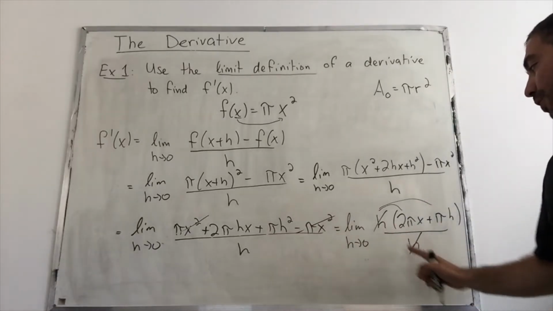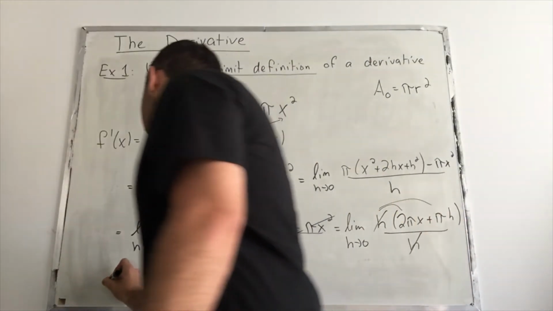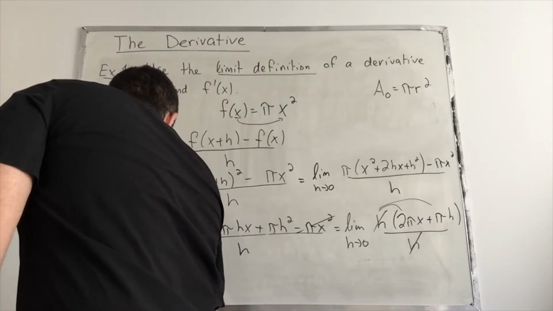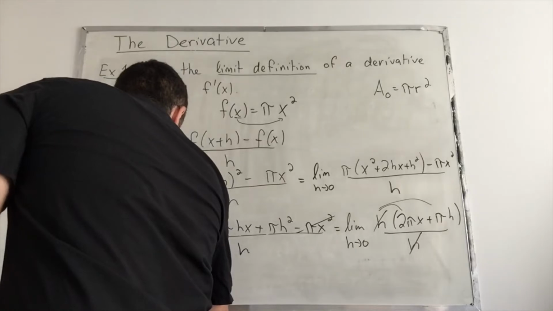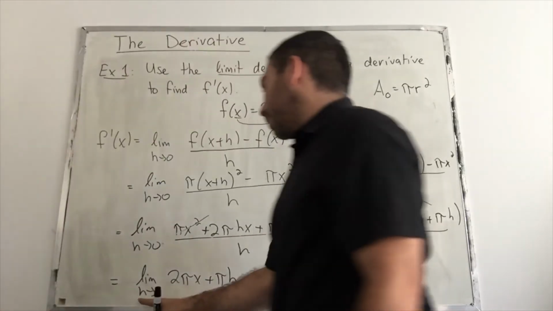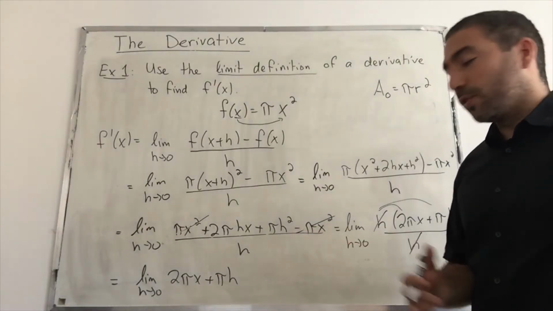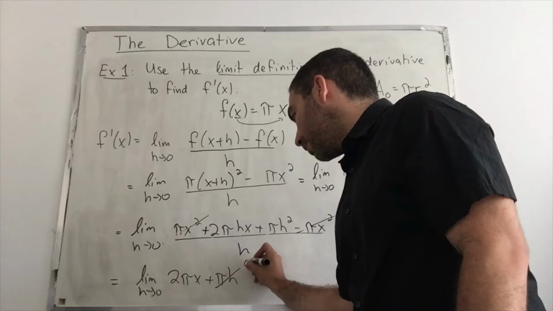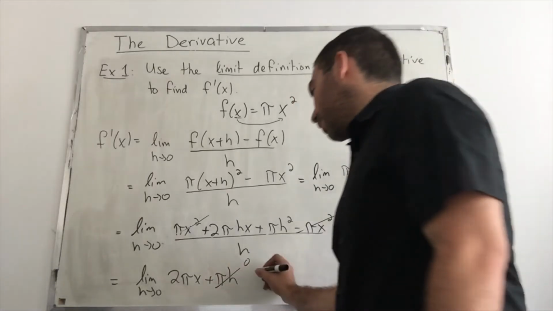So here the h is cancelled, you're left with the limit as h goes to 0 of 2 pi x plus pi h. And now if we substitute the h, we don't have 0 over 0 anymore, it's not an indeterminate form, so we're okay. The h is being replaced with 0, this is gone, pi times 0 is 0, so we're left with 2 pi x.